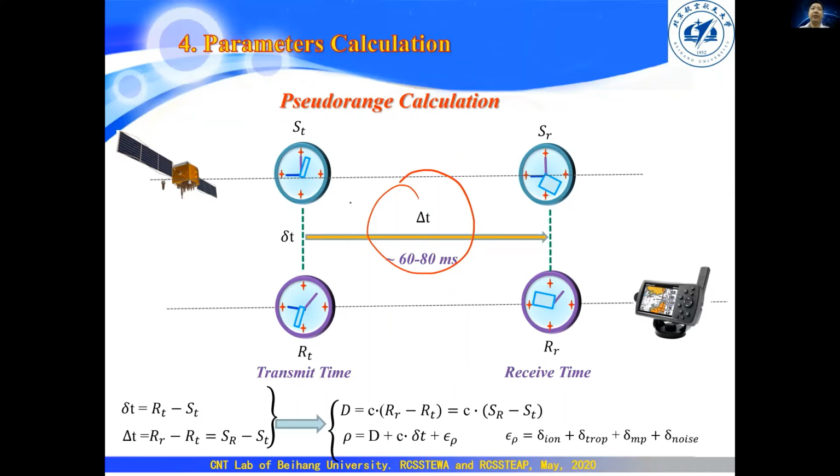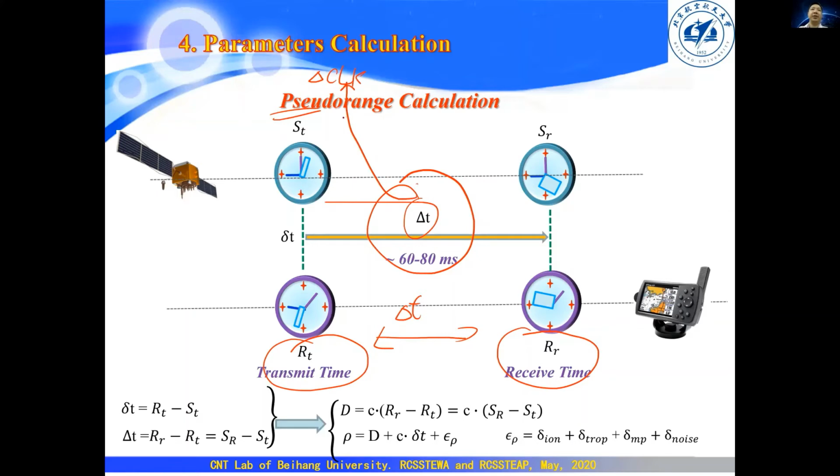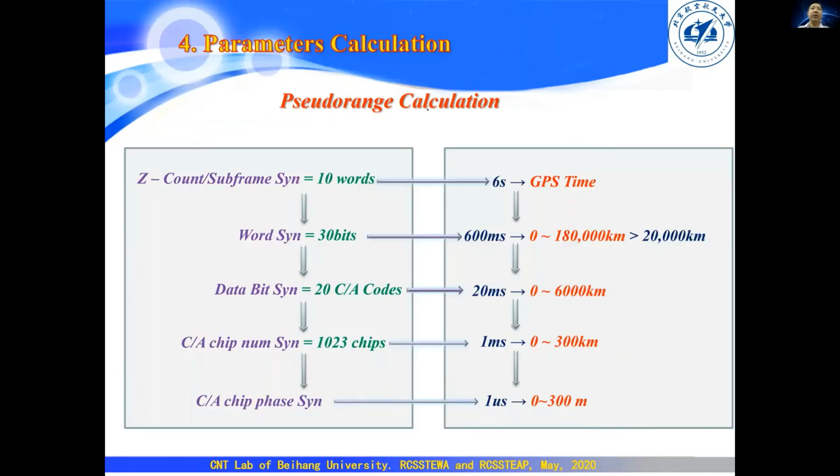For example, the satellite transmits at time tr, and you receive the signal at time rr, so you will know the propagation delay delta t. But it is called pseudorange because your time is incorrect. You have a delta clock error. The clock error is unknown. Actually, this delta t includes the clock error. After this, you will calculate the pseudorange from the information.